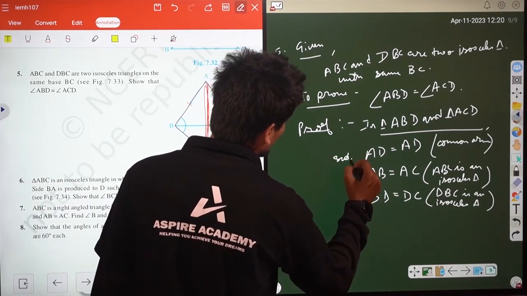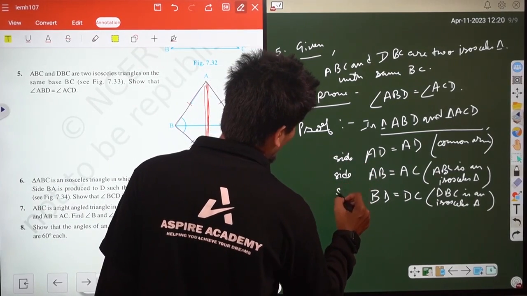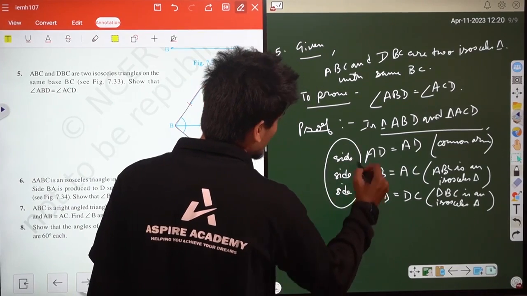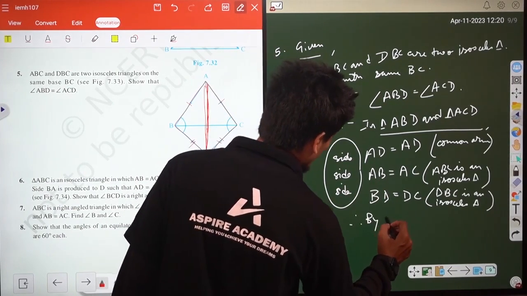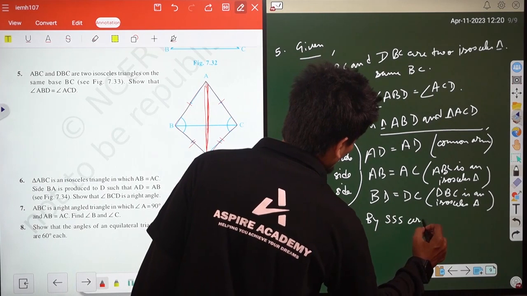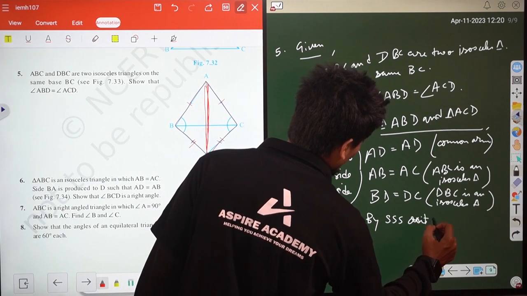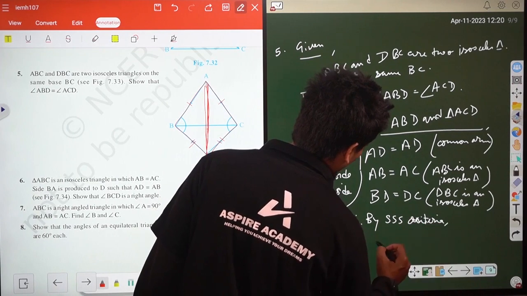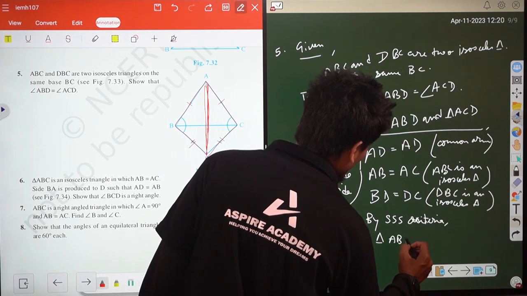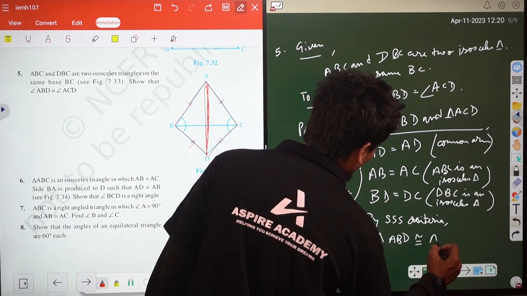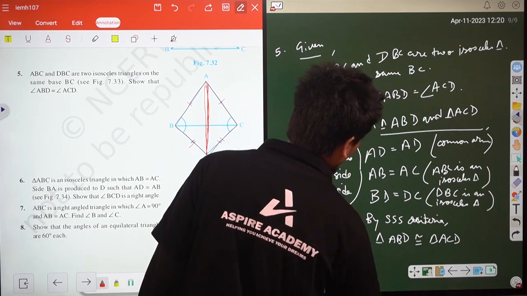So what criteria do we have? This is side, and again this is side. So by side-side-side criteria, we have that triangle ABD is congruent to triangle ACD.